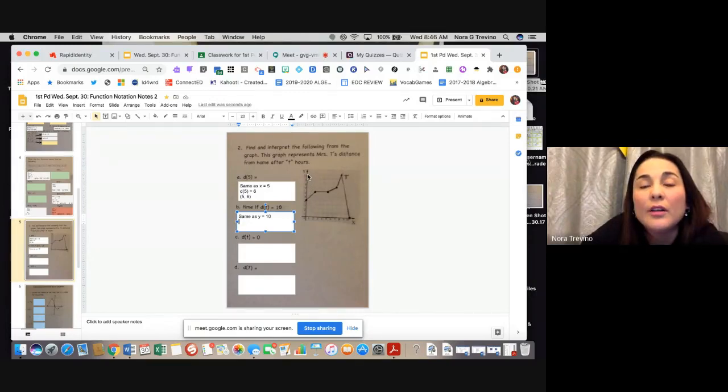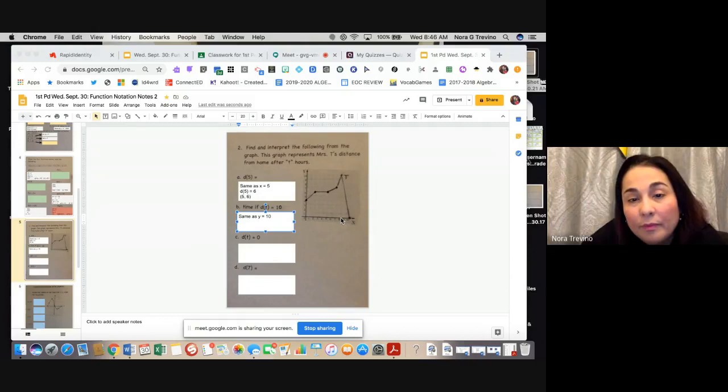And I got to walk towards my graph. I got to land on the graph. So I'm going to walk, walk, walk, walk. And this is the dot that has a 10 on the y. So I got to look down to see, well, what does it have on the x? Is it like an 8? 8.